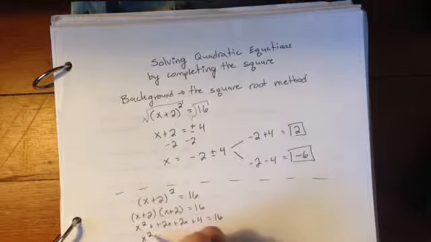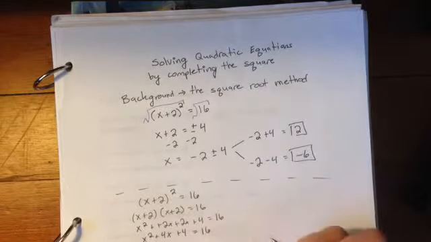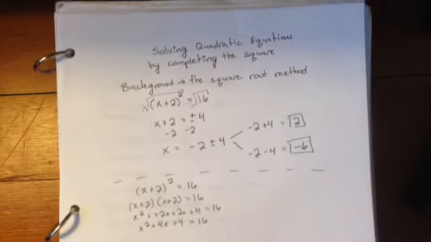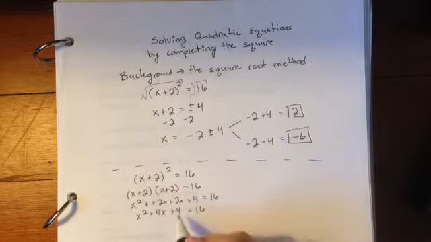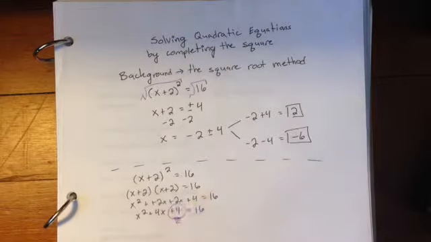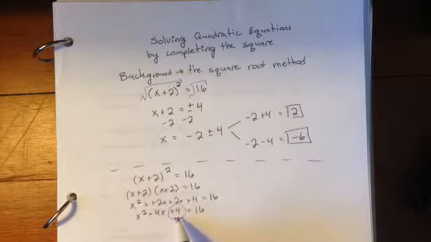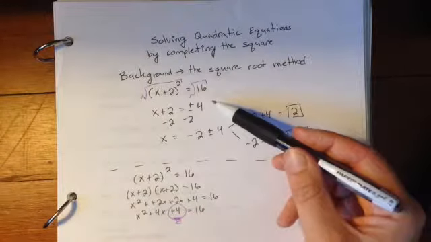So x² + 4x + 4 = 16. Now our goal in completing the square is going to be to identify this magic number that we can add to something like x² + 4x to turn it into a perfect square, so that we can go back and use the square root method.